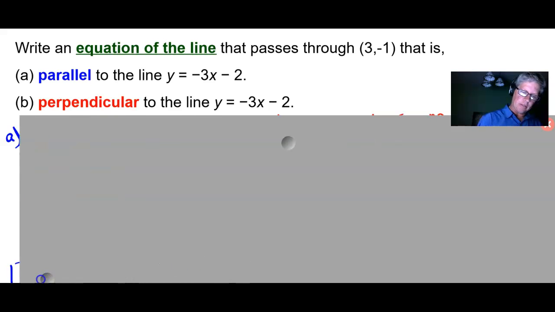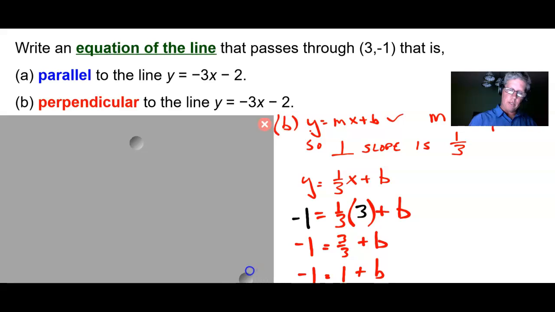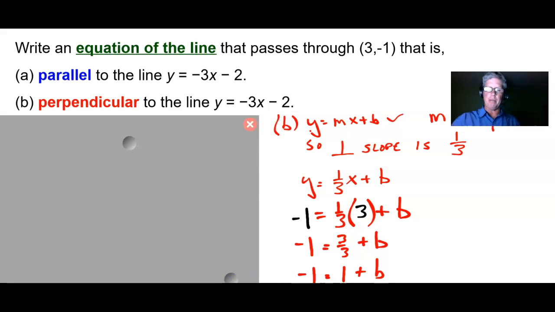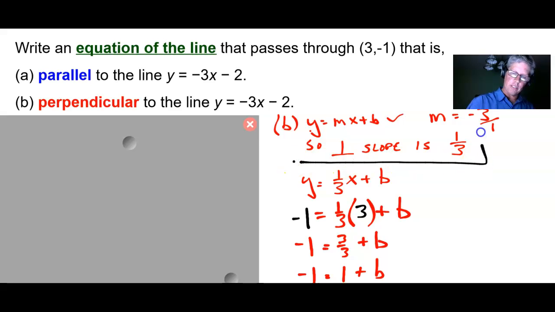All right. If I want to look at the way to find an equation perpendicular, then I'm just going to see if it's in y equals mx plus b form. It is, so my slope is -3, but since it's perpendicular, that's the key new step.